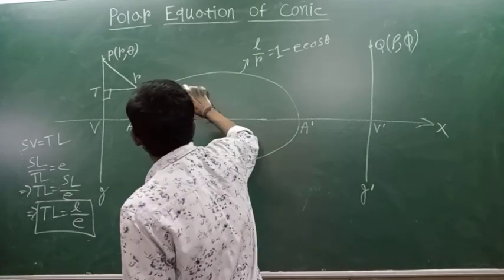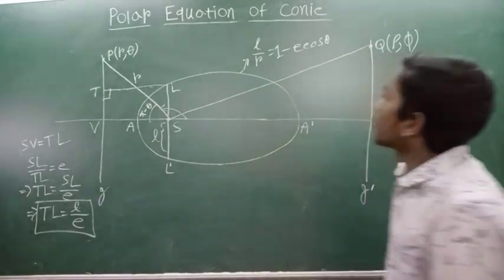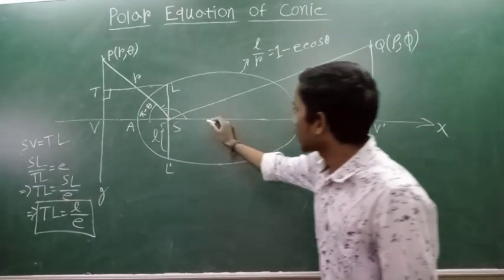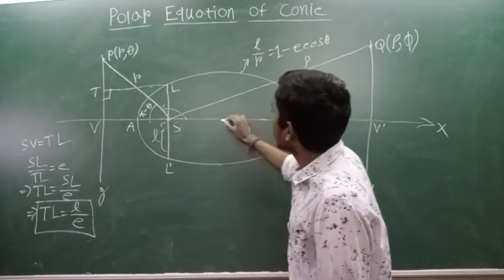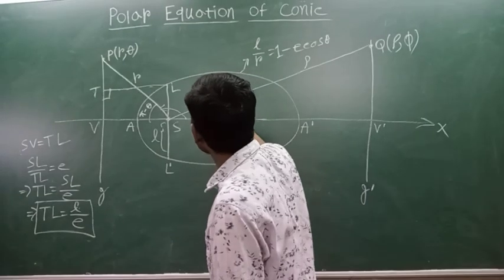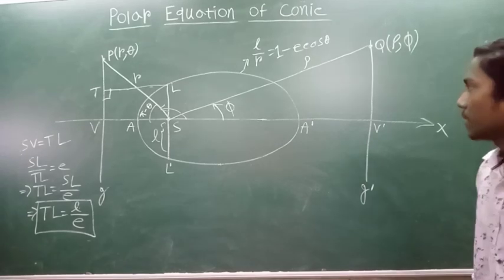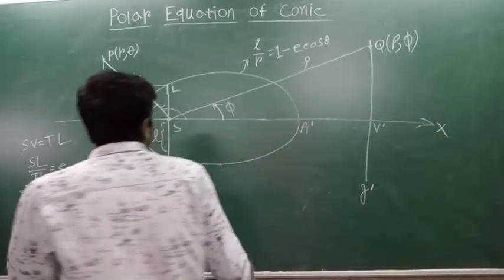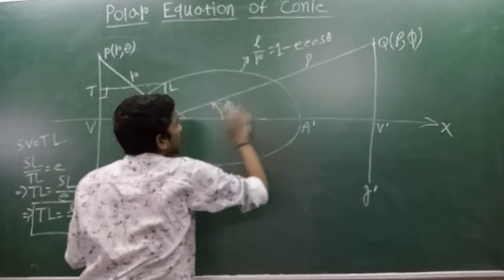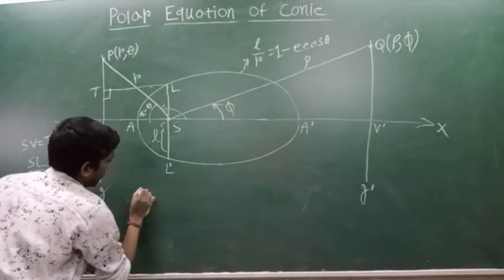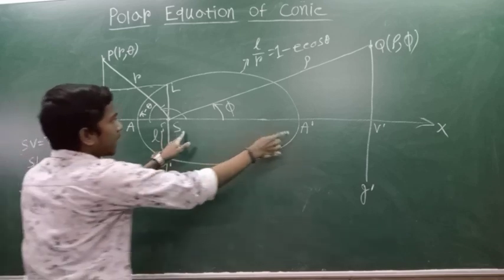So we connect the focus or the pole to the point Q. So this distance is rho units, and this angle is phi. Now from the diagram we can say cos phi is equal to base upon hypotenuse.